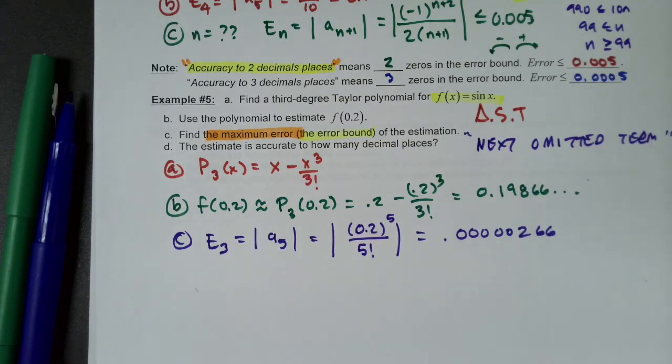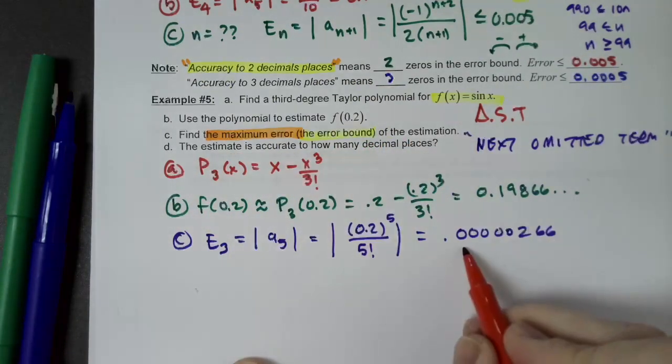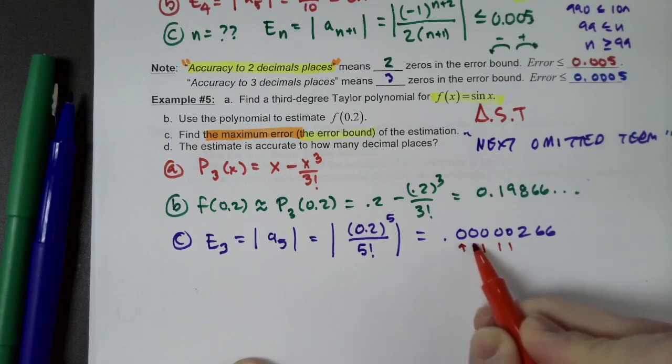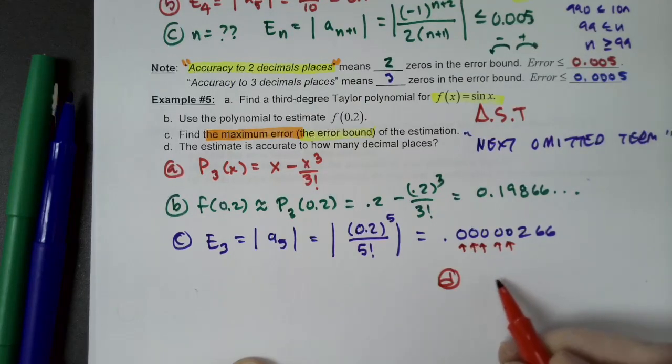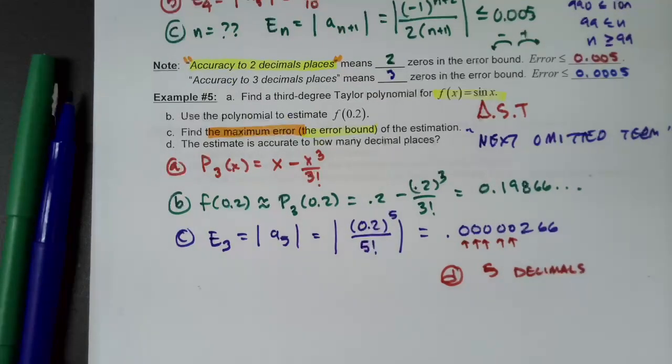And we would say that this is an accuracy to 1, 2, 3, 4, 5. What's the accuracy? It's accurate to 5 decimals. Okay. Just kind of the reverse of what we set up above. Just working backwards to that.